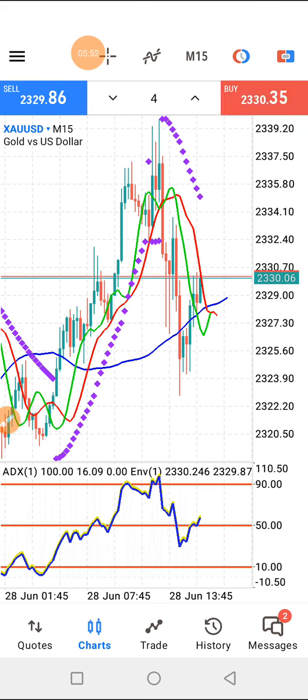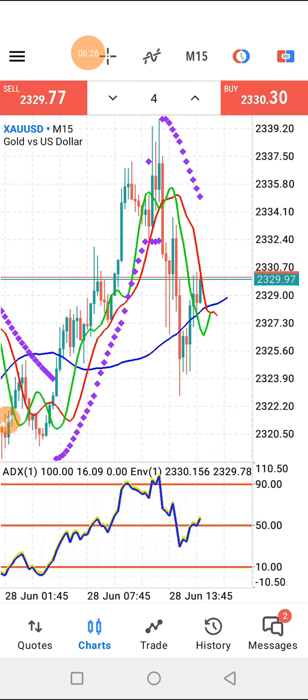The function of the parabolic SAR is that it tells you areas of support and resistance in the chart, and it also gives you alerts at what point to take your entry. While the alligator also indicates trend. It tells you when a new trend is starting and when a trend is coming to an end. The best time frame to use this is from the 15 minutes upward.